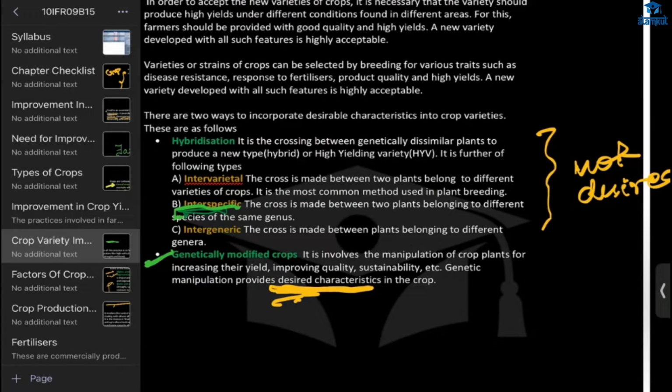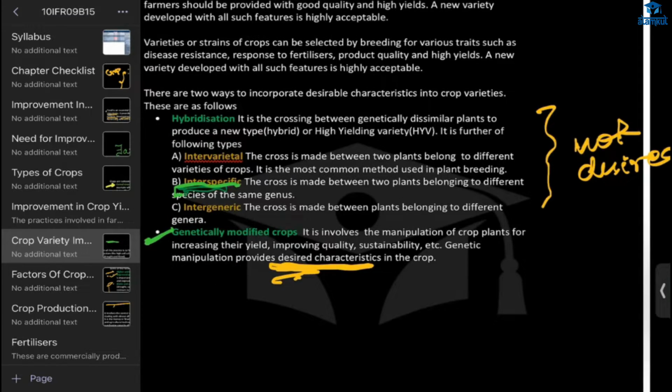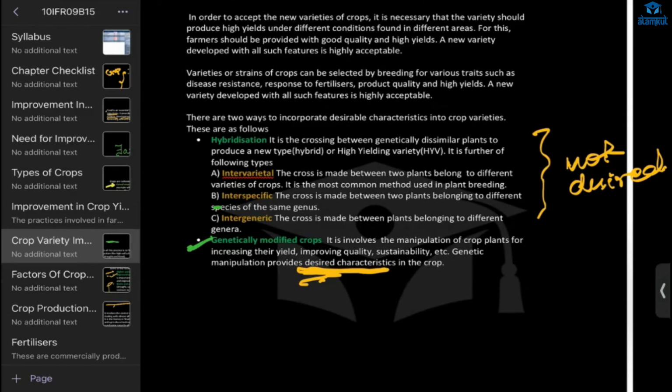In hybridization, we make a cross between two dissimilar plants, and we get the high yield hybrid. There are three types of hybridization: intervarietal, interspecific, and intergeneric.